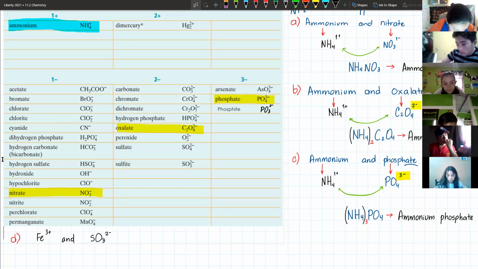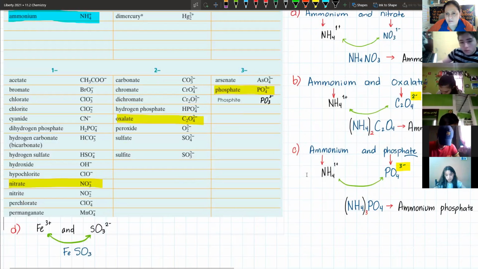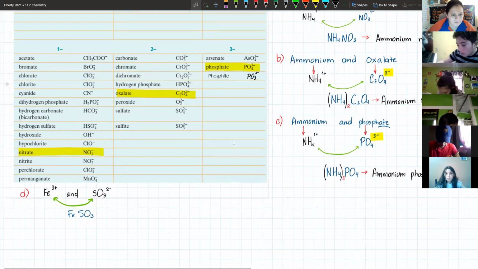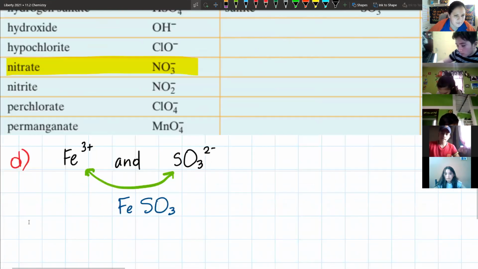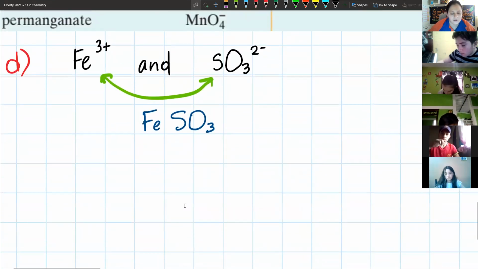We join them, you write them together. Now, what comes after? Where are you going to write it? You pass it to the other side and place parentheses. Next to iron, next to sulfur, or next to oxygen? Next to oxygen, so you put it here.